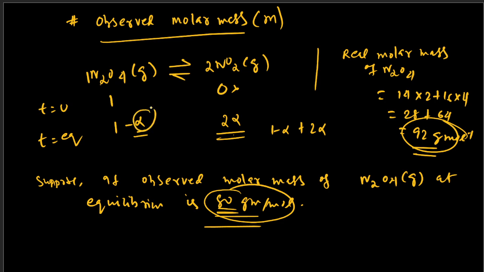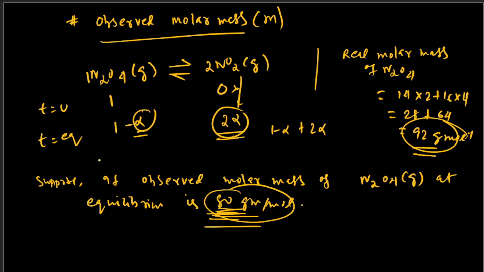From the real mass of N2O4 alpha has been consumed, and from NO2, the new gas, 2 alpha has entered the mixture. So this is the molar mass of the mixture of N2O4 and NO2.